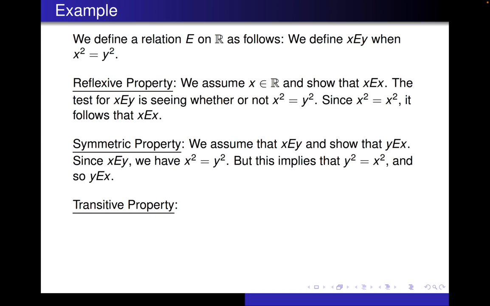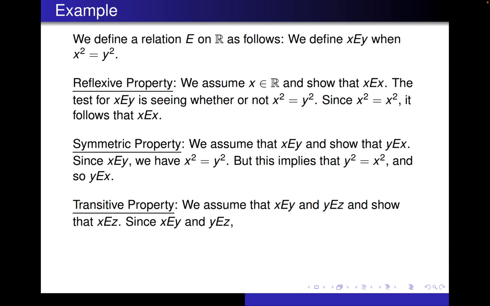And finally, with the transitive property, we're going to assume that x is related to y and that y is related to z, and then we're going to show that x is related to z. Since x is related to y, x squared is equal to y squared, and since y is related to z, y squared equals z squared.